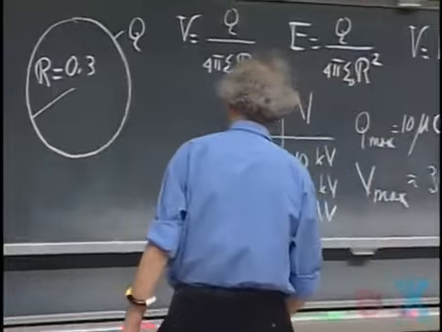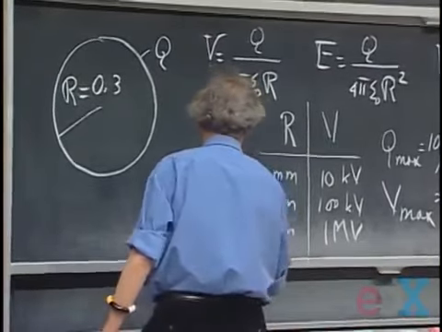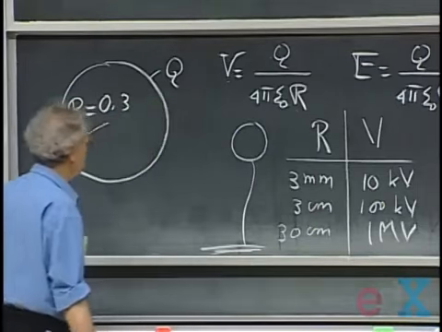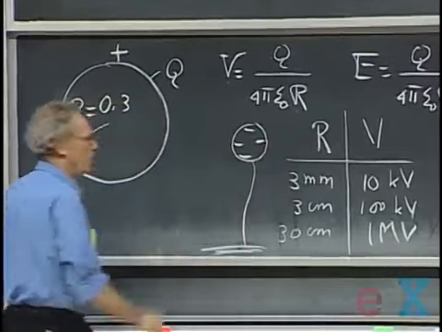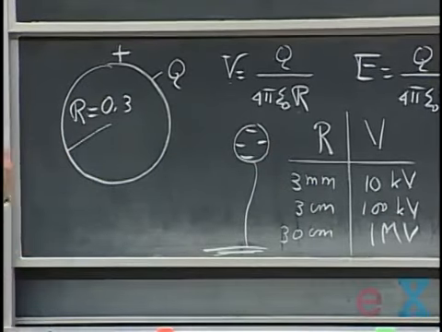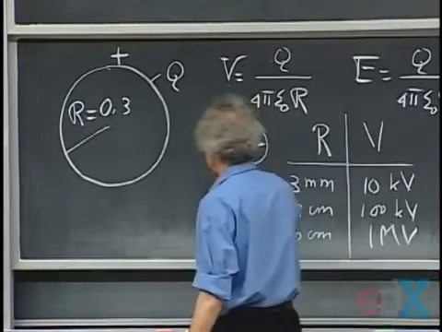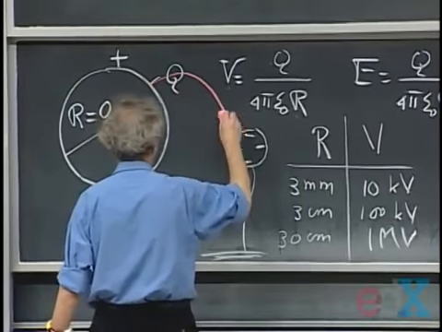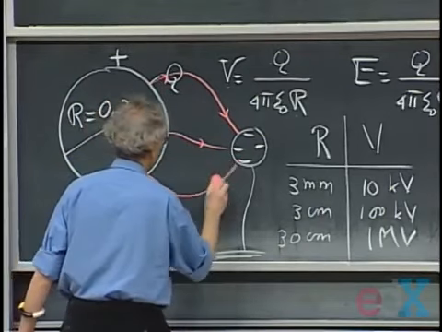If here's my Van de Graaff, and I approach the Van de Graaff with a sphere which is connected to the Earth, and if this Van de Graaff has positive charge on it, then this sphere will become negatively charged through induction. And so you get field lines which go from the Van de Graaff to this object, always perpendicular to the equipotentials. So they go like this.